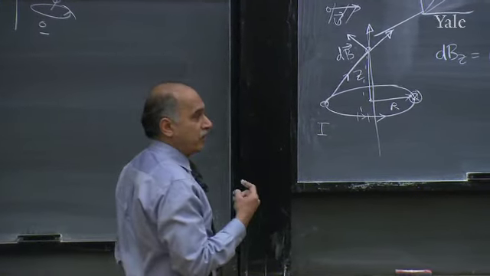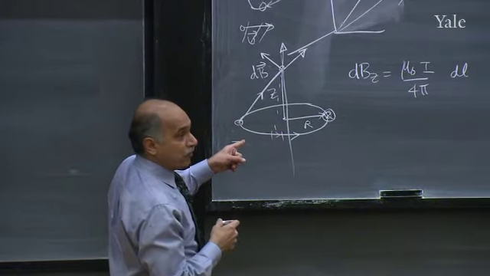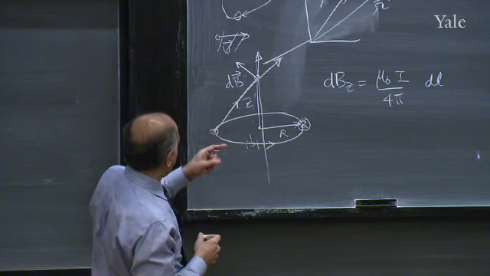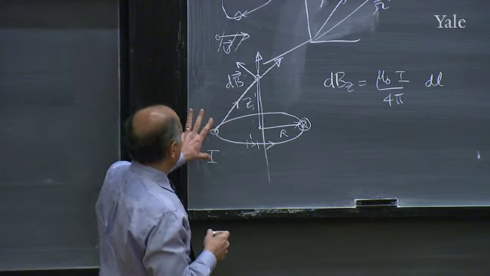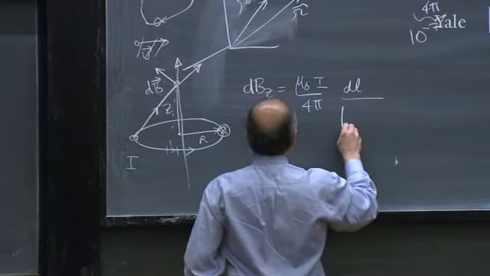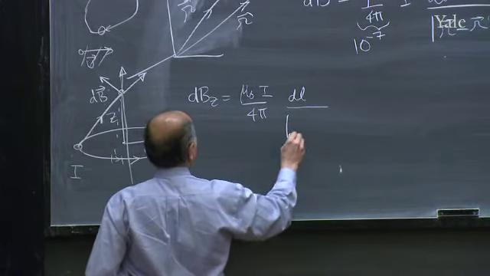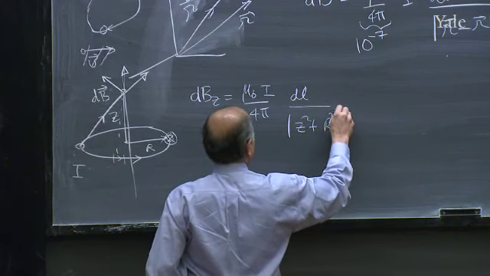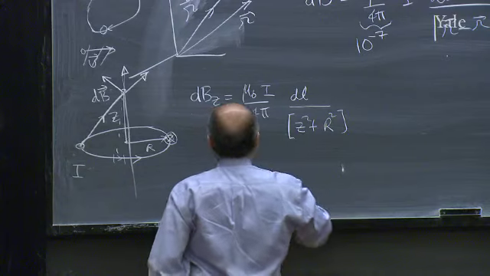Okay, don't be fooled by anything else. Anything coming out of the blackboard is orthogonal to anything in the plane of the blackboard. The wire is coming out of the blackboard, this vector is in the plane, there are no sine thetas to worry about. But you got to divide by the square of the distance, and the square of the distance happens to be z squared plus r squared.